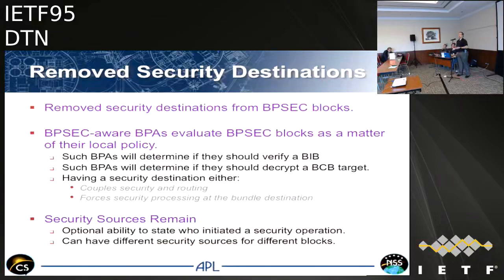A common example is if you assert integrity on a block, it is perhaps allowed that every waypoint along a bundle path should be able to verify the integrity of the block or of the bundle and throw it away if it is not correct, and not have to wait until you reach the security destination to realize that you have an inauthentic bundle or a non-authenticatable bundle.